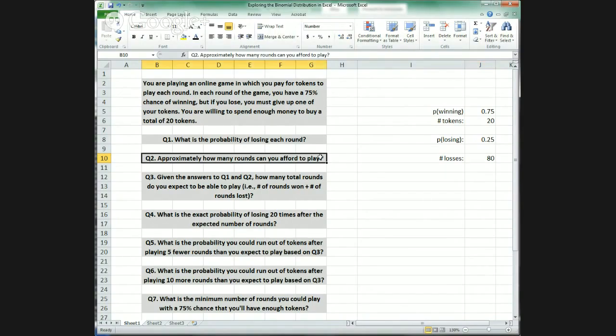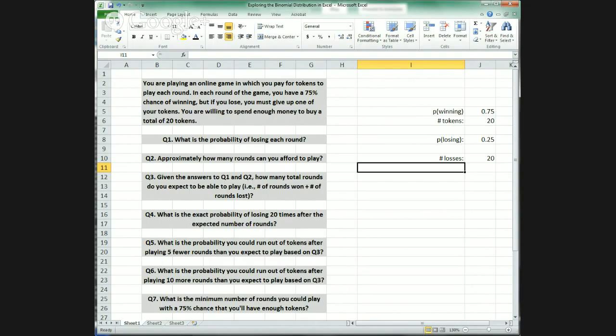This question wasn't actually asking anything confusing. It's just asking how many times we can lose. And we already have that information right here. I've already told you before that every time you lose, you lose a token. And so knowing that, we can lose exactly as many times as we have tokens. So this is just going to be equal to the number of tokens that we have. Sorry, I was jumping ahead to the next question already.